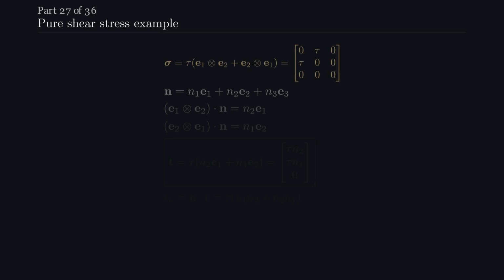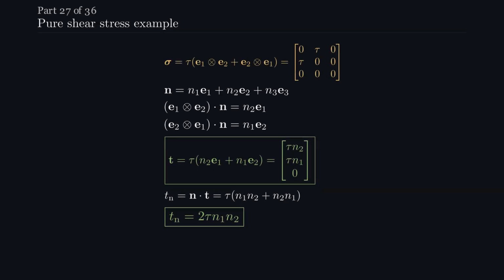Pure shear stress can be represented using two dyadic products. Acting on an arbitrary normal, E1 tensor E2 gives n2 E1, and E2 tensor E1 gives n1 E2. The normal stress on an inclined plane becomes 2 tau n1 n2. Thus pure shear can generate normal stress on inclined planes.